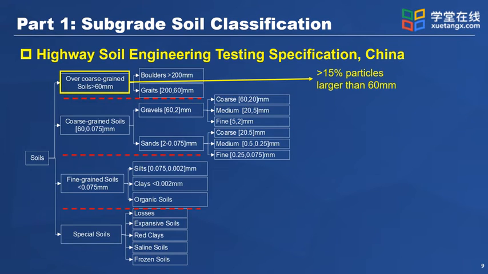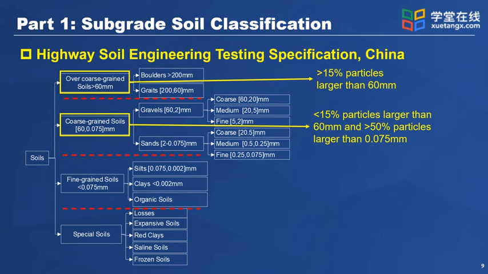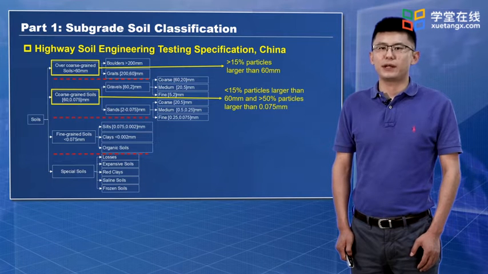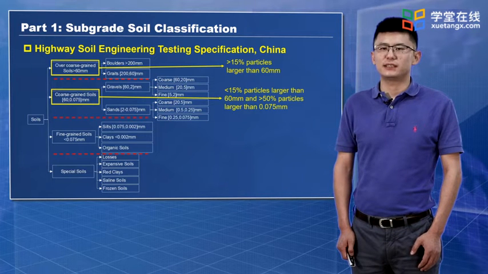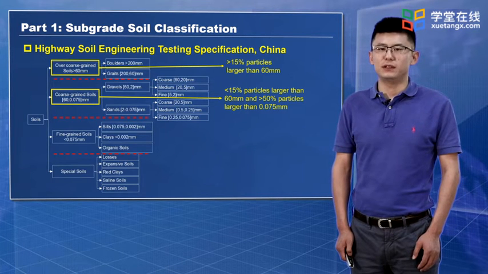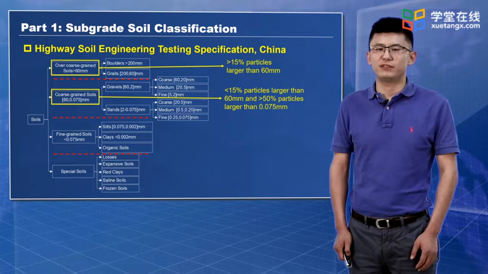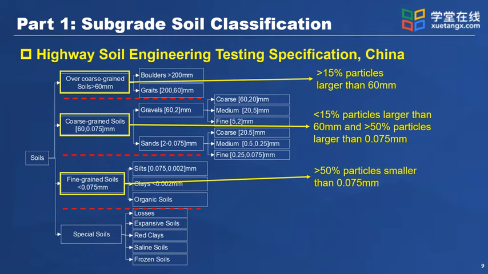Generally, the over coarse sized has more than 15% particles larger than 60 mm. And the coarse has less than 15% particles larger than 60 mm, and meanwhile, it has more than 50% particles larger than 75 microns or 0.075 mm. And for the fine ones, we can say that it has more than 50% smaller than 75 microns.